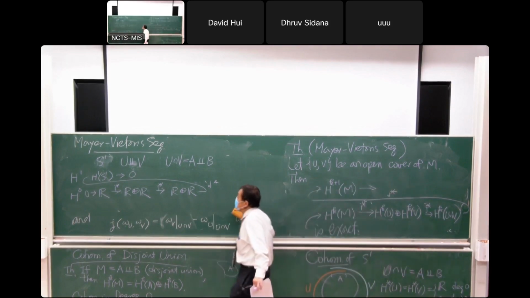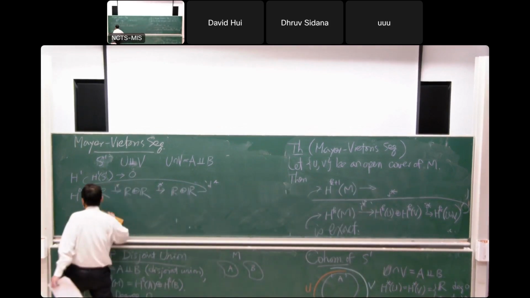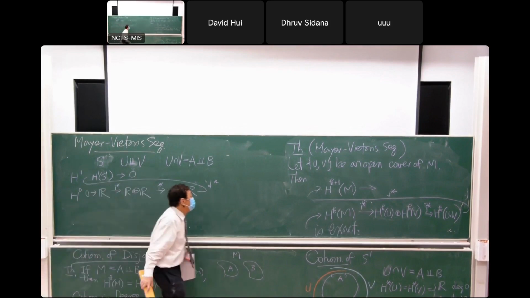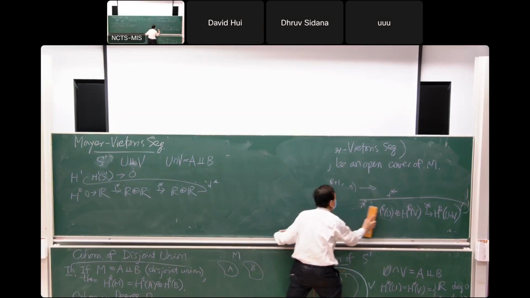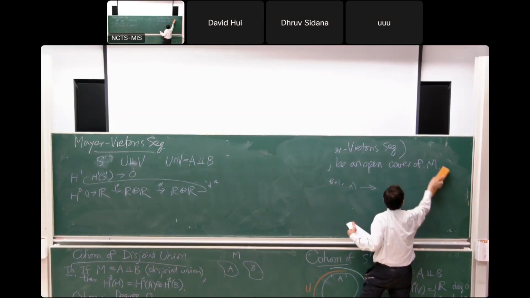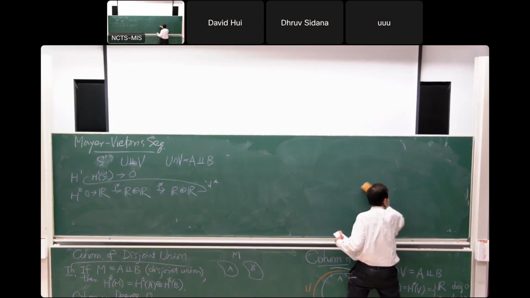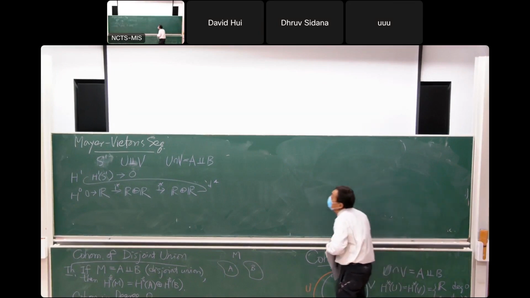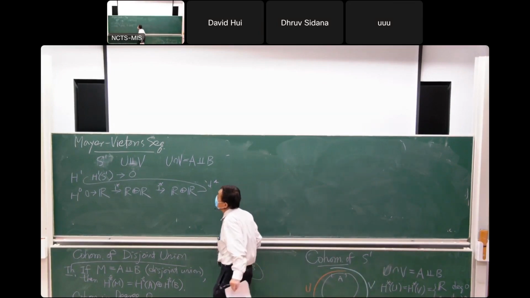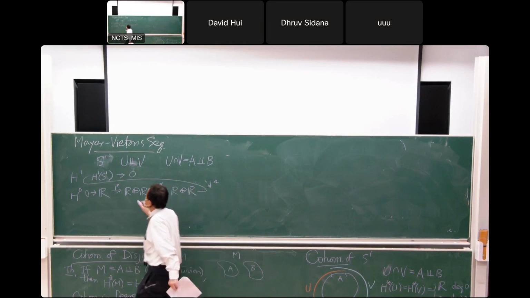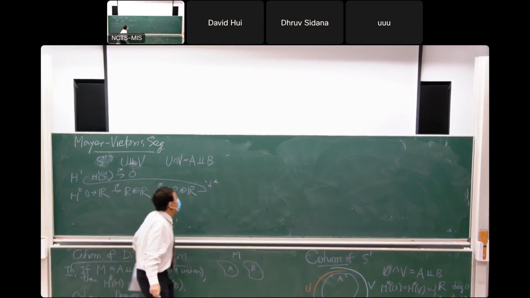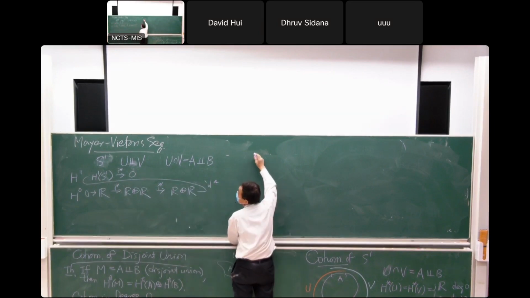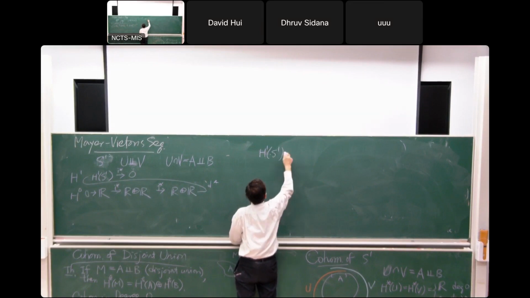So we have to figure out what H1 of S1 is from this long exact sequence. This map is also i star.